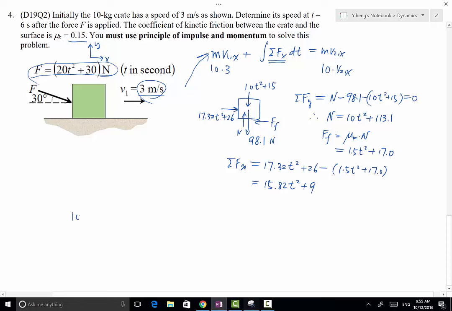We already said that 10 times 3 is the initial linear momentum along the x direction, plus the integration from 0 to 6 of (15.82 t squared plus 9) dt equals 30 plus, this is a polynomial, so 15.82 over 3 t to the third power evaluated from 0 to 6 plus 9 times 6, and that equals, on the right hand side, 10 times v2x.